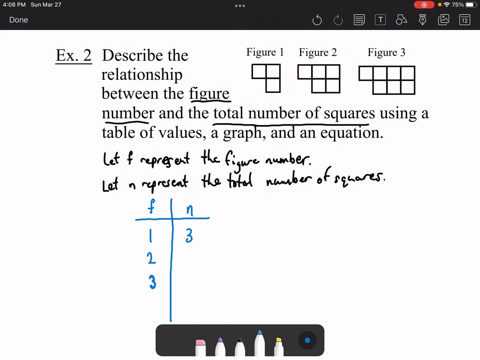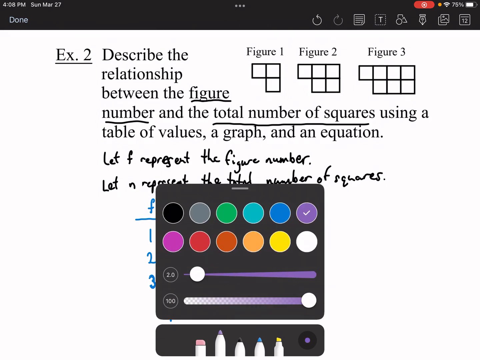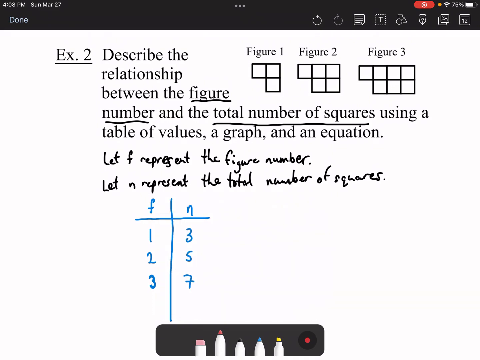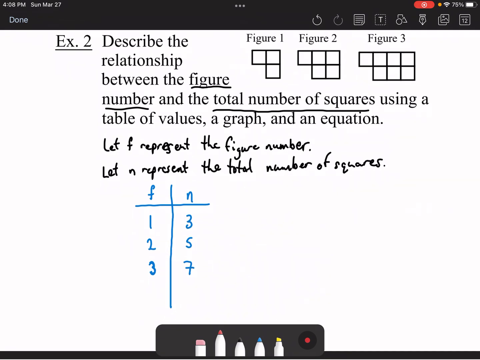The next one has 5 squares. And the next one has 7 squares. Now you can start predicting what the pattern might be after that. For 4, I could get 9. For 5, I could probably get 11, and so forth and so on.